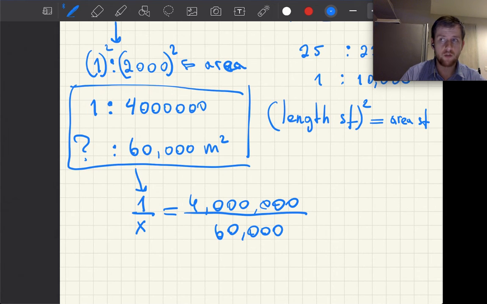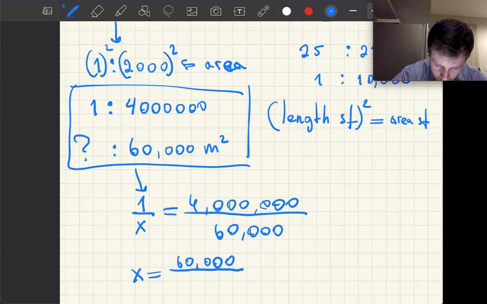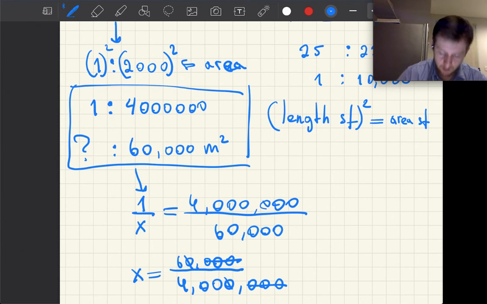So x is going to be 60,000 divided by 4 million. 6 over 400 becomes 3 over 200, 1.5 over 100.